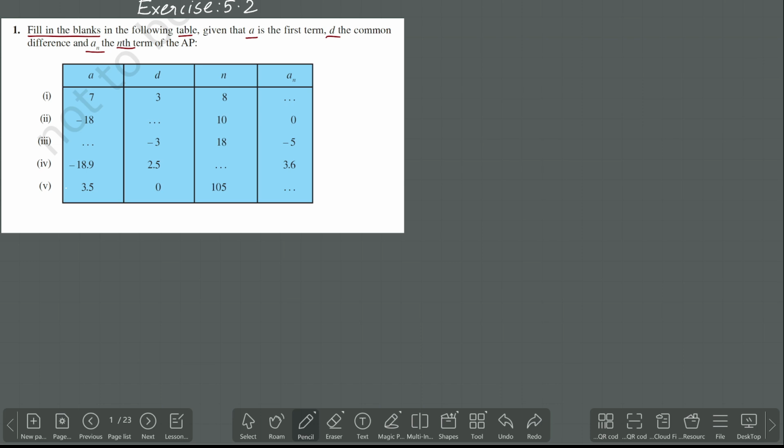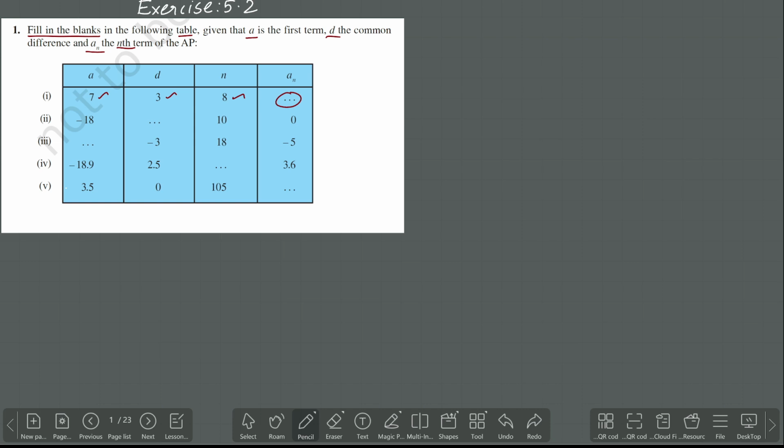Am I right? And N also given somewhere else there. So from these 4, any one they will not give. That one missing value we have to find. You see, in the first one, A is given, D is given, N is given, AN we have to find. AN formula we know very well.